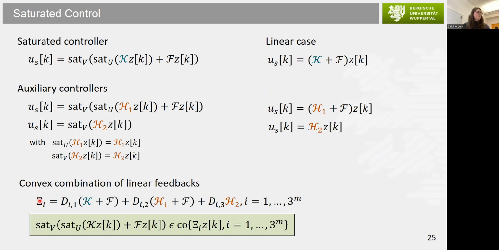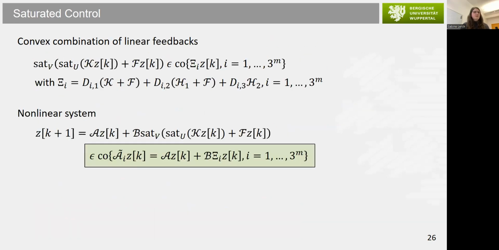And these are those matrices theta I. And it can be shown that the nonlinear feedback can always be expressed as a linear combination of those matrices theta I. So in other words, the nested saturation function can be included inside a convex hull of the vertex matrices theta I, but only as long as H1 and H2 do not lead to saturation. So we have to keep that in mind.